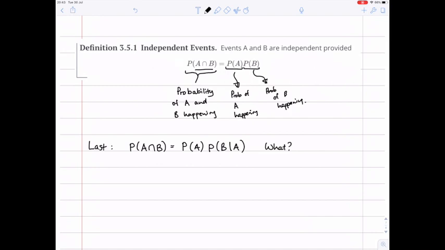And the thing that you'll notice over here is that because we've got independent events, our probability of B happening is the same as the probability of B happening if A has already happened. Another way of looking at it is, if A happens, B doesn't care, it still happens. So its probability stays the same. And hence we say that A and B are independent.